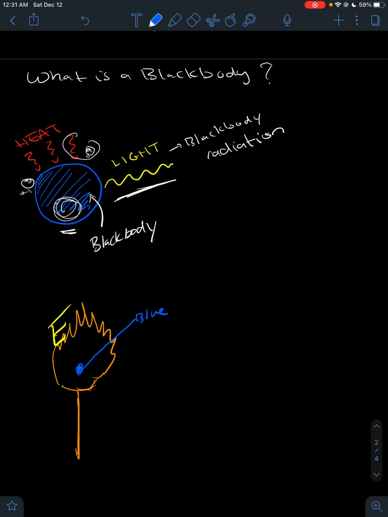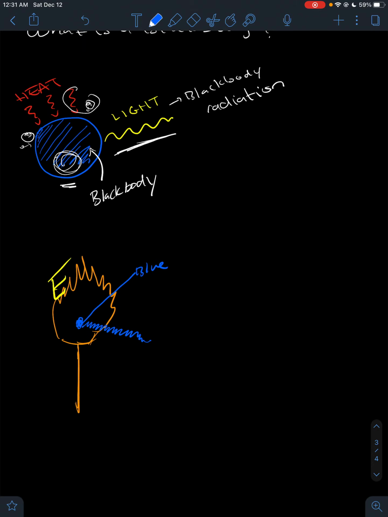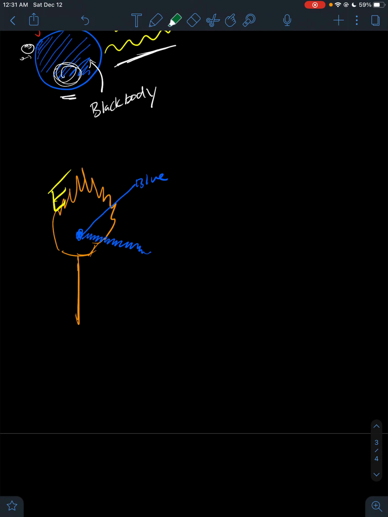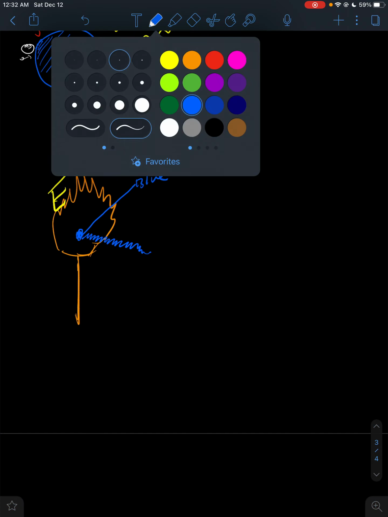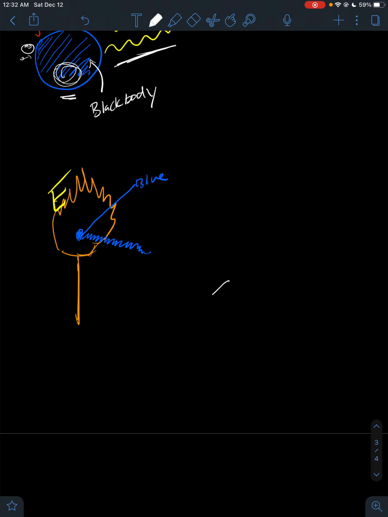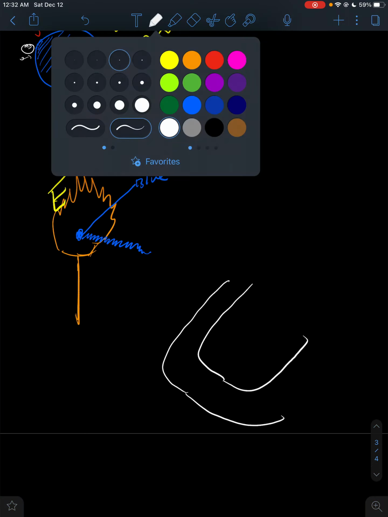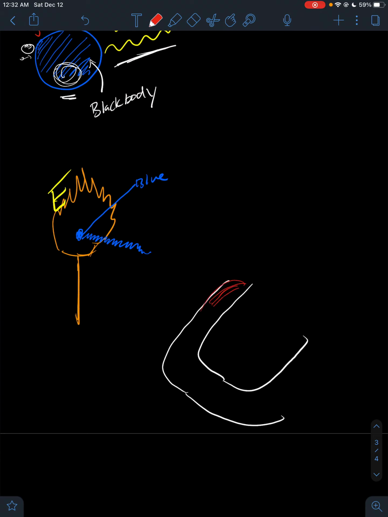And blue light has relatively high amounts of energy, which is why the center of a candle tends to be blue. This is also why, let's make this a hot plate, when you burn a hot plate, it starts to glow red. What's happening is that it's getting energy and it's releasing the energy in the form of red wavelengths.